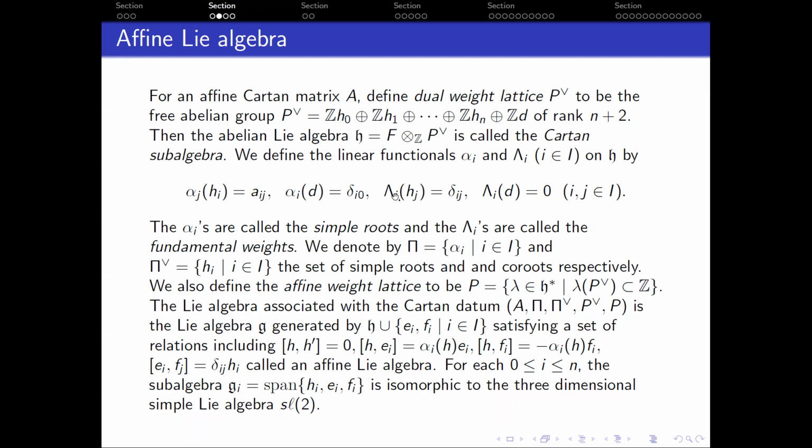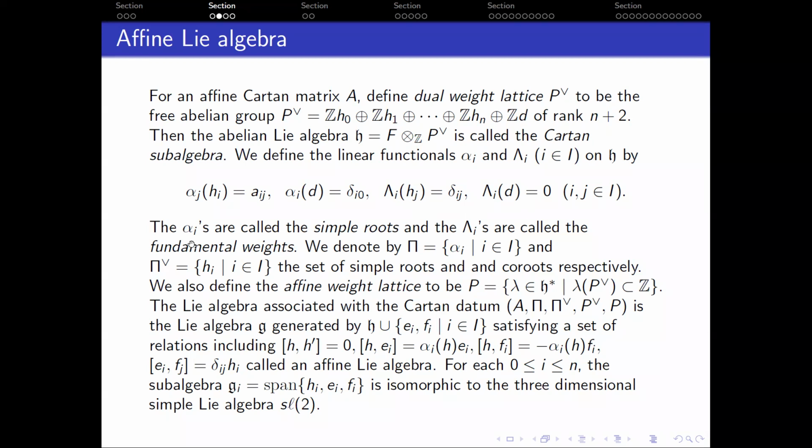And we define lambda_i on h_j as delta_ij. On D, we will take it as 0. You can take it non-zero also, but I will take it 0. That's just a scaling number. There are situations where you want to take it as non-zero, but for my purpose, 0 is good enough.